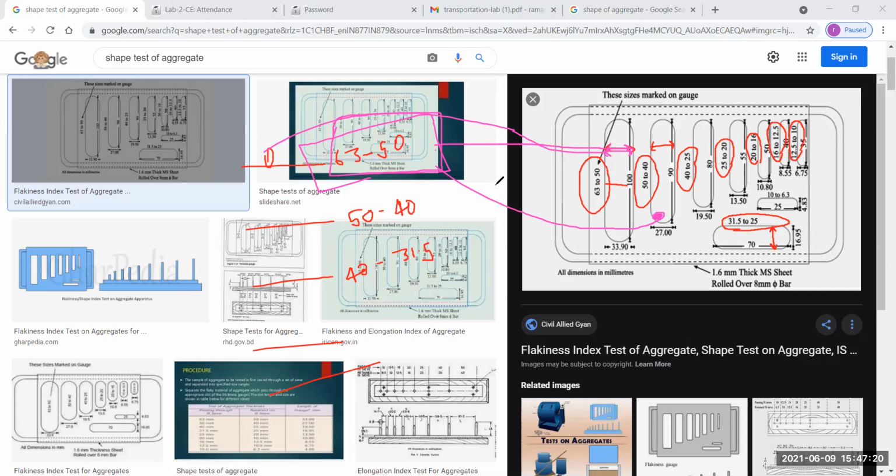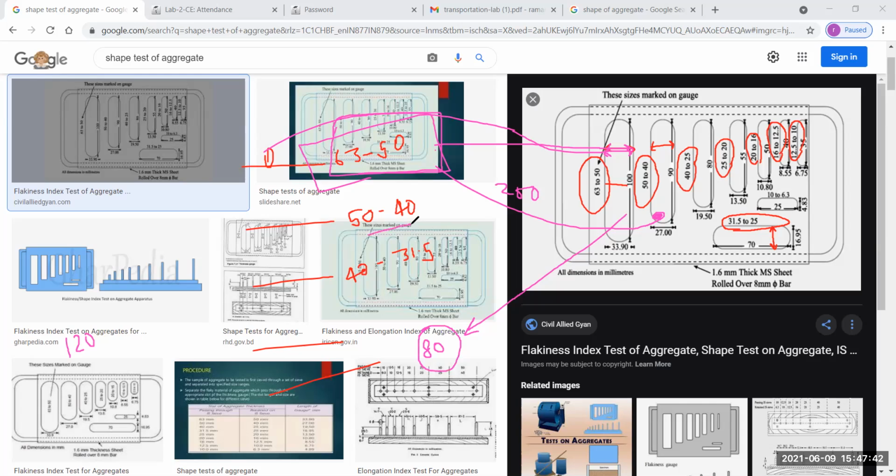So if you take 200 number of aggregate, you find your 80 aggregates will pass through these slots, and your 120 aggregates will not pass. So you take your 80 aggregates which are passing from 200.